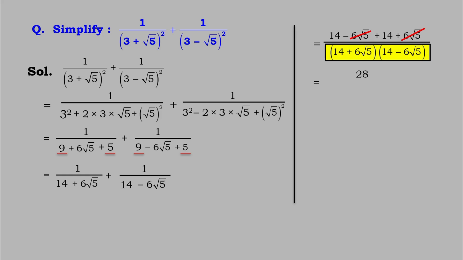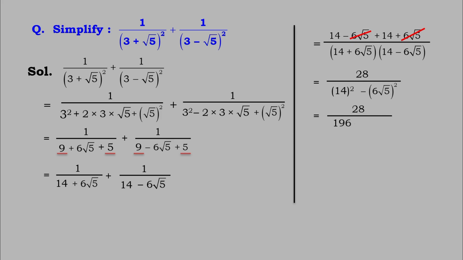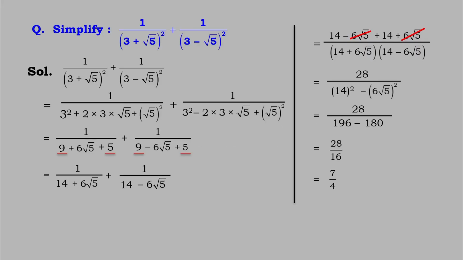Now it is in the form of (a plus b) into (a minus b), which is equal to a square minus b square. So we are going to apply that formula. So after the final simplification, we got 7 by 4. That is the final answer.